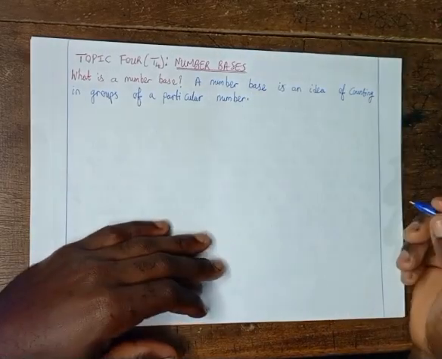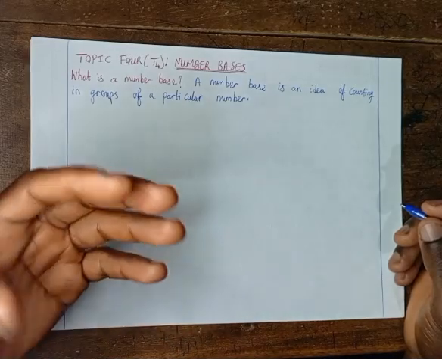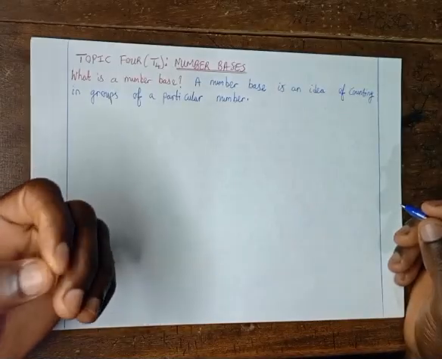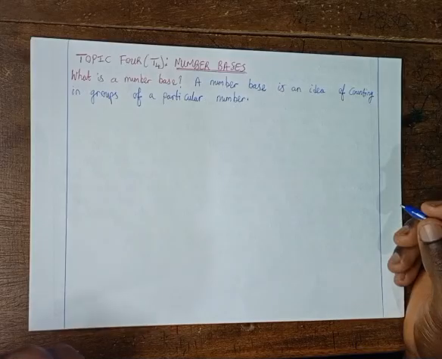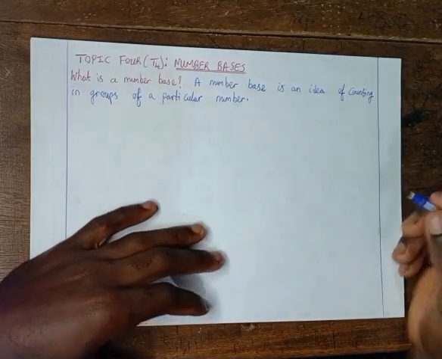Take for example, if we have 14 days, we can decide to count the 14 days in groups of 7 days. And we know 7 days will give us a week. If we are given 14 days, we know we have 2 weeks.